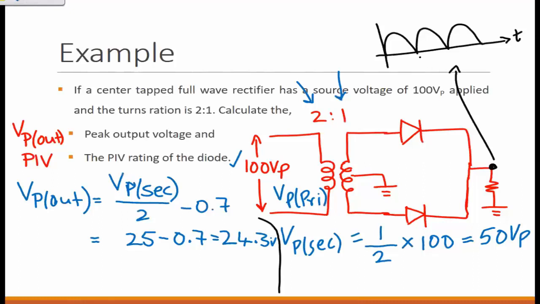How much voltage is going to be right here? What is this one? Peak output voltage. That means that's the voltage that is available right there. This voltage that we calculated is available all the way at the end of the circuit.